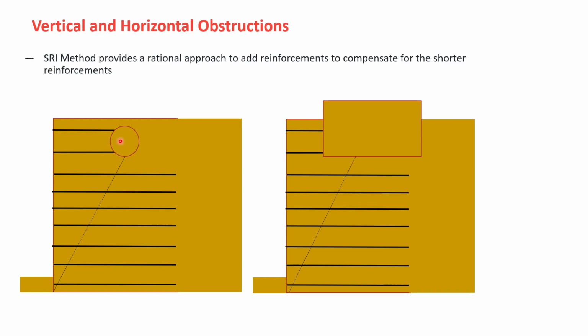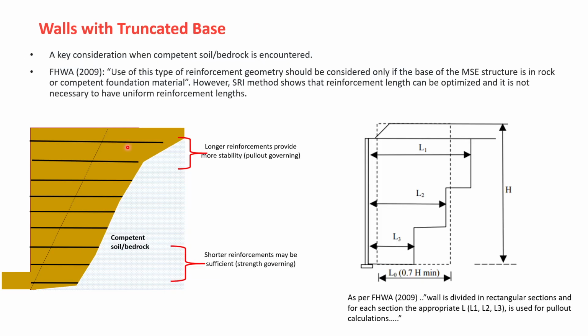But I find that people tend to be a little bit hesitant to do that because as you put additional reinforcement there, your tributary area goes down and you don't see the same effect from those reinforcements. So there are some issues with the current way of analyzing those problems. And there's another problem with the walls that I've analyzed so far.